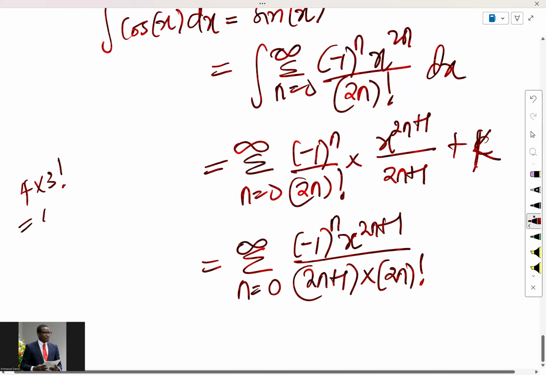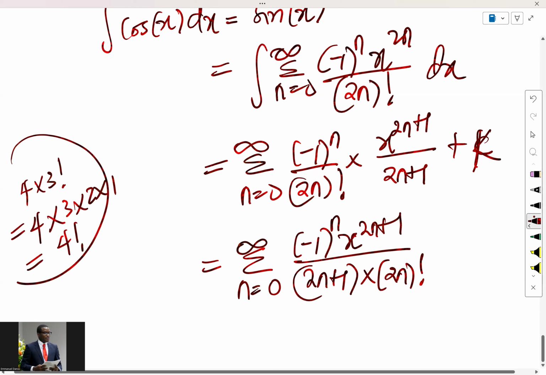That's simply 4 factorial, because 4 factorial is 4 times 3 times 2 times 1. So it's simply 4 factorial at the end of the day.